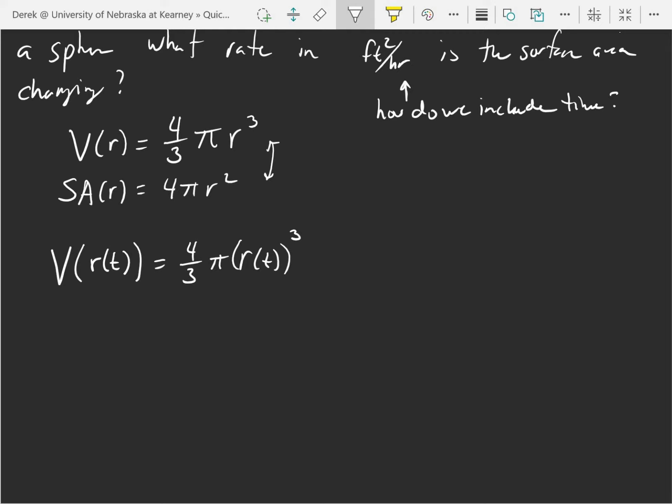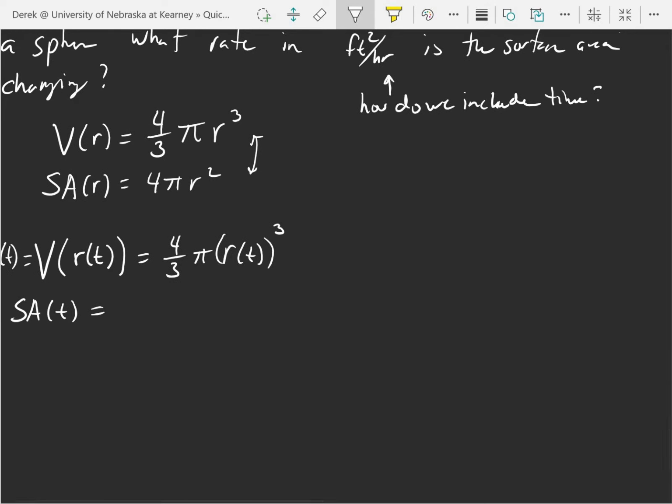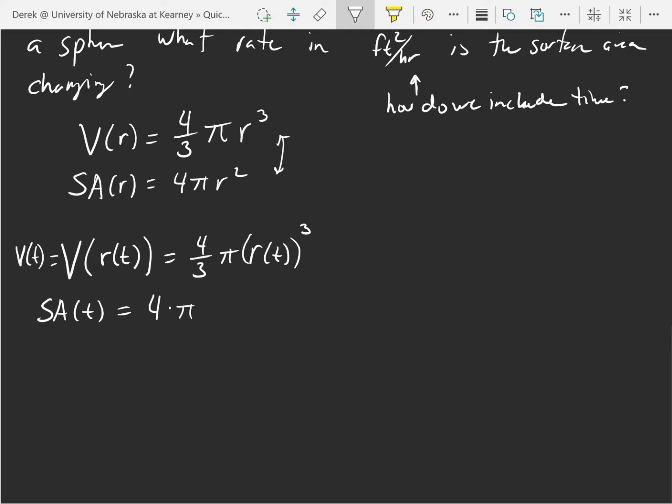I can do the same thing with the surface area. The surface area at a certain time is equal to 4 times pi times the radius at that specific time squared. Use square brackets here, I guess. Now I've got relationships between volume, time and the radius, and surface area, time and the radius.